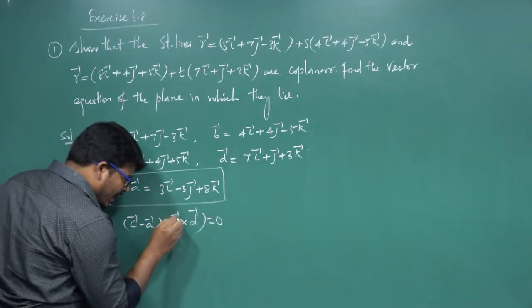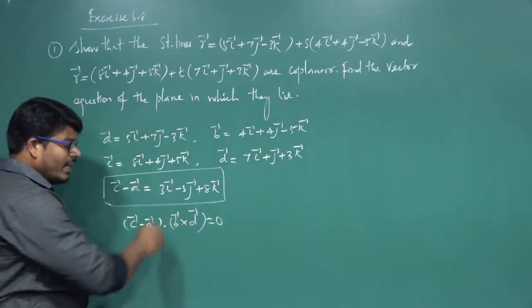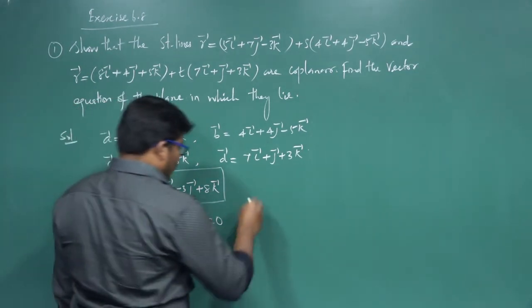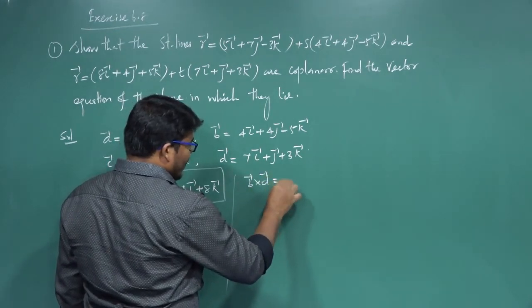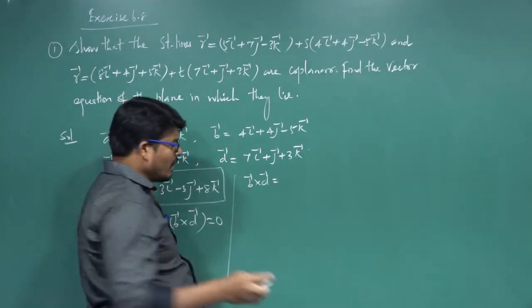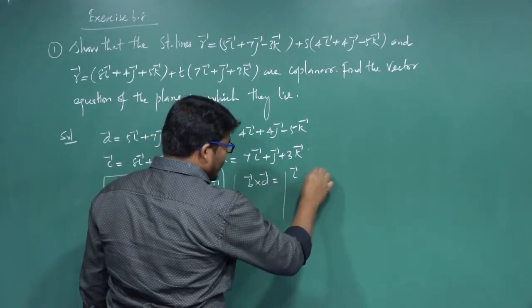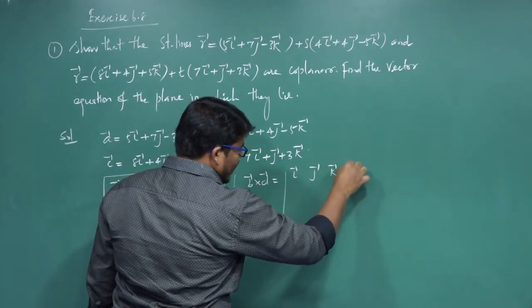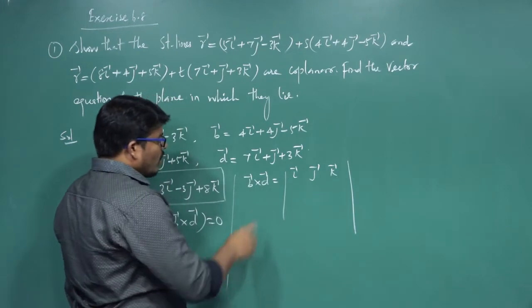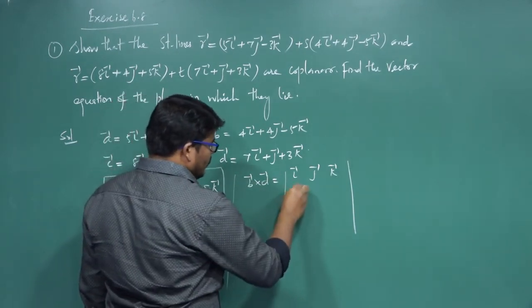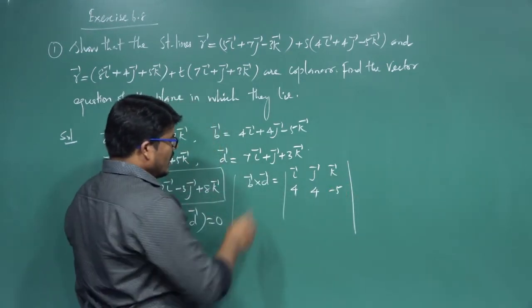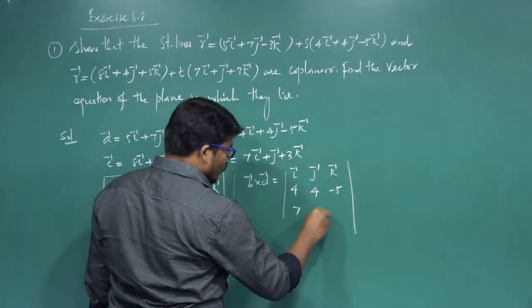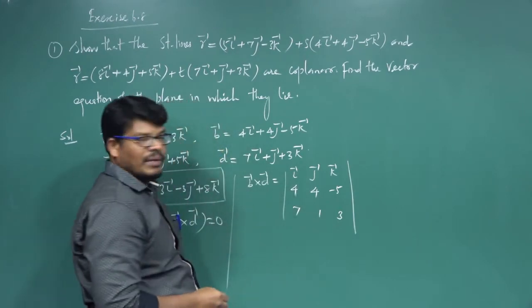Next find b vector cross d vector. b vector cross d vector is the vector product of two vectors, using the determinant form. Determinant of i vector, j vector, k vector. The components of b vector are 4, 4, minus 5, and the components of d are 7, 1, 3.